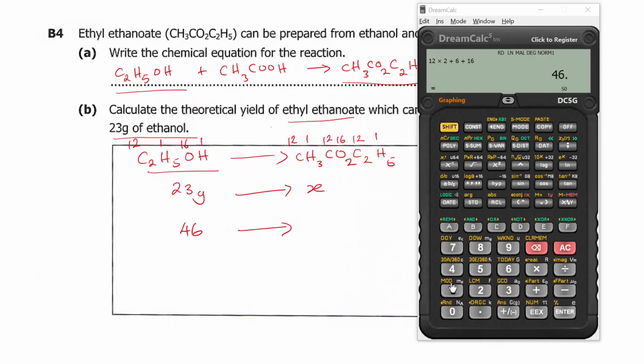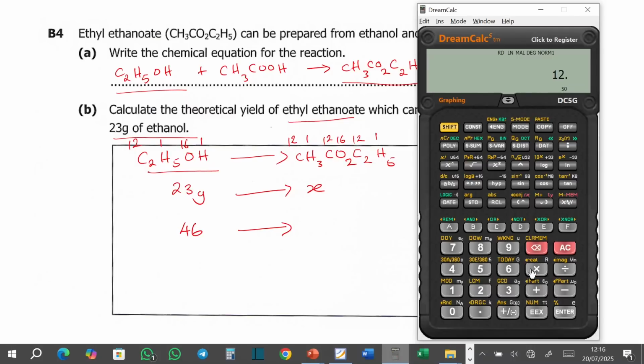So just say 12 times 4, plus the hydrogen there, 5 plus 2 plus 3, which is 8.